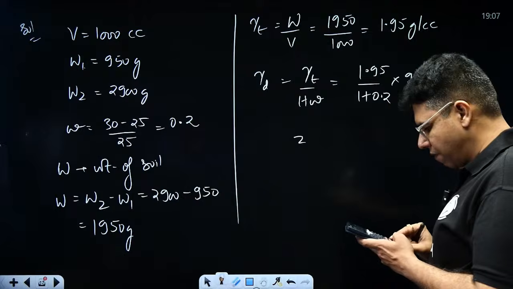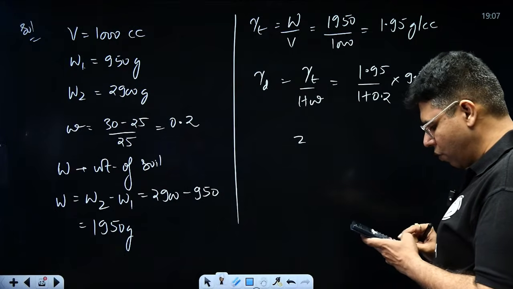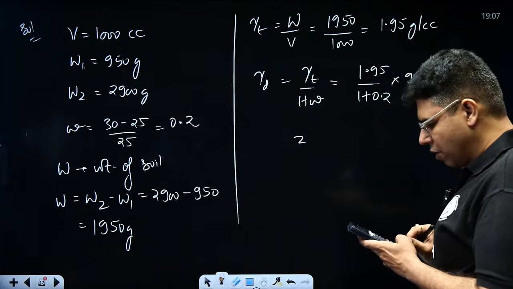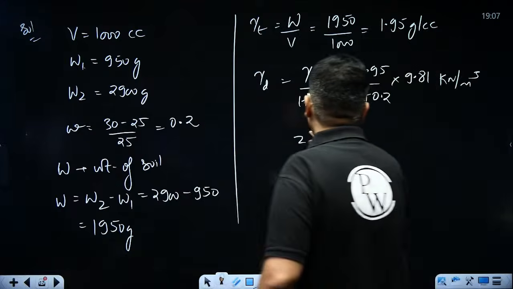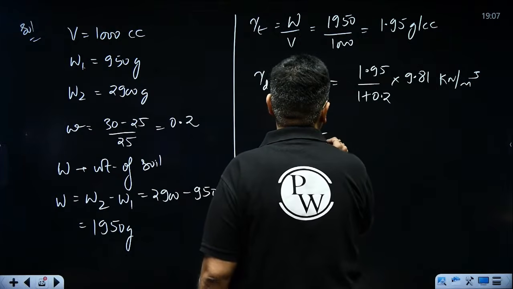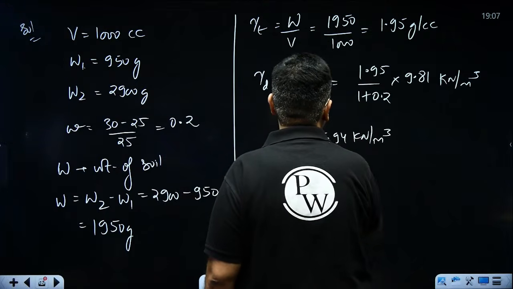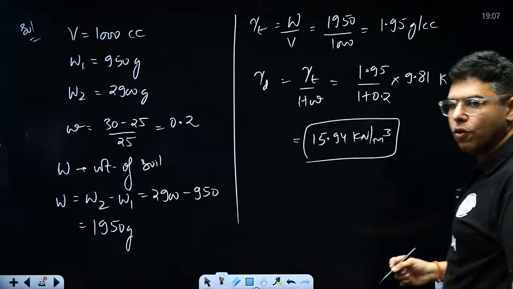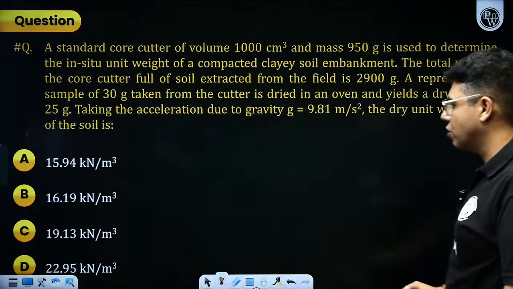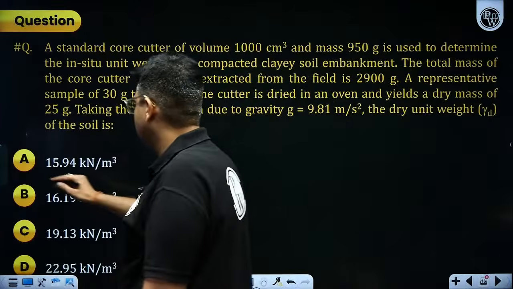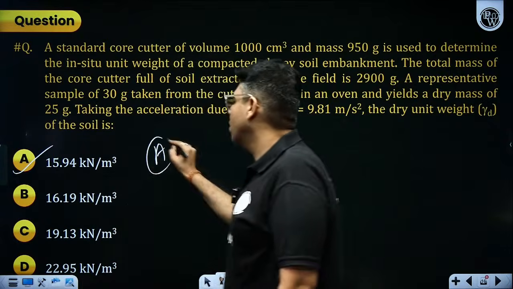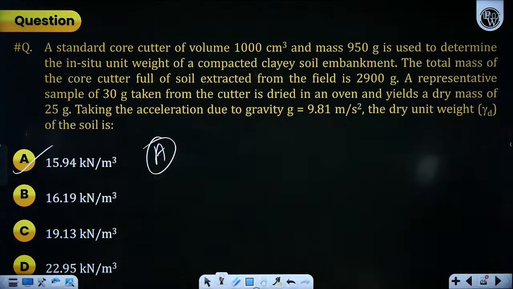So, 1.95 divided by 1.2 into 9.81, 15.94, you are getting, very correct answer. Simple and interesting. Very good Mr. Akash. So, the correct answer is A only.